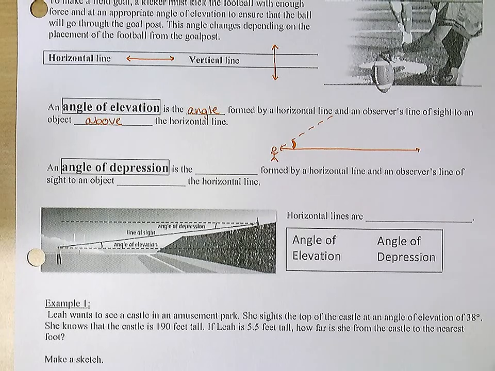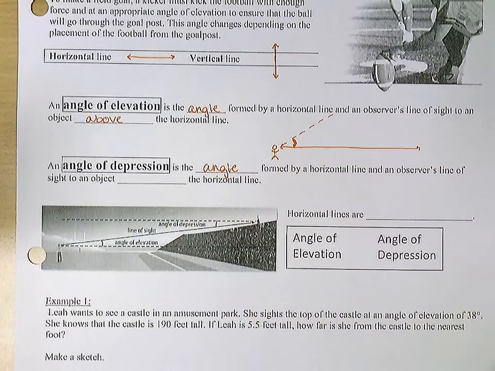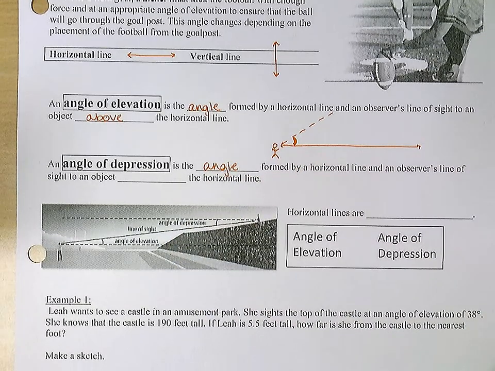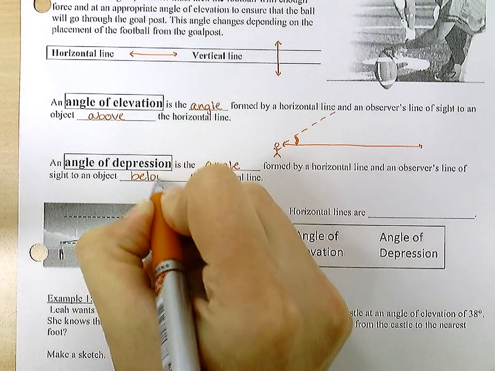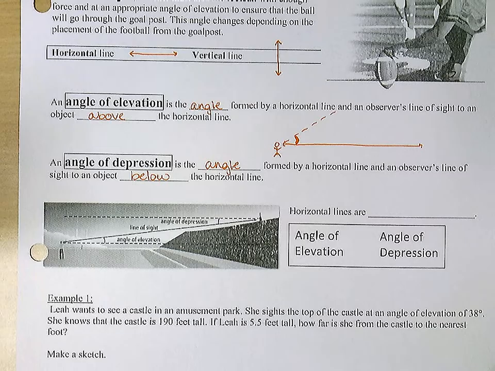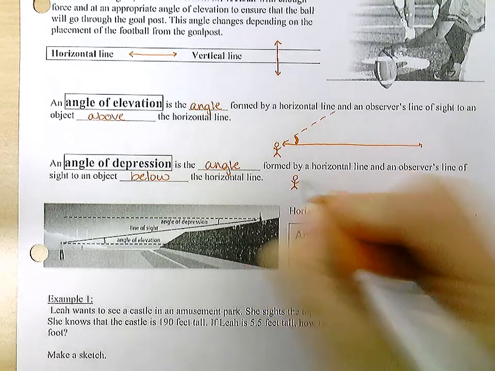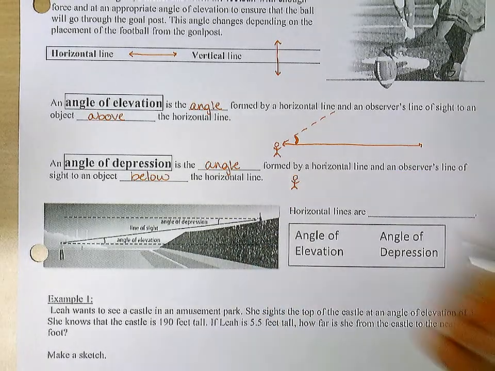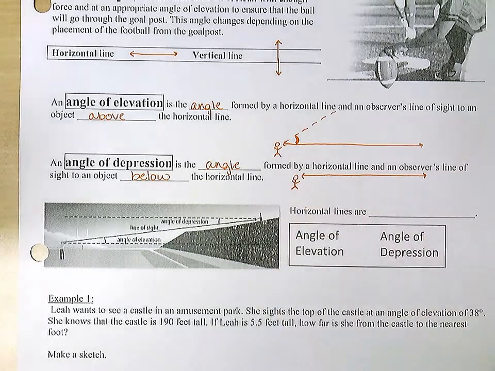Then we also have an angle of depression. That is the angle formed by a horizontal line and an observer's line of sight to an object below the horizontal line. So elevation was above, depression is below. Again, if I have this person, my observer, you always have a horizontal, their normal line of sight.